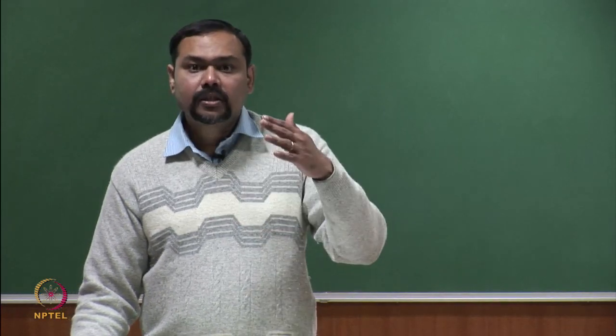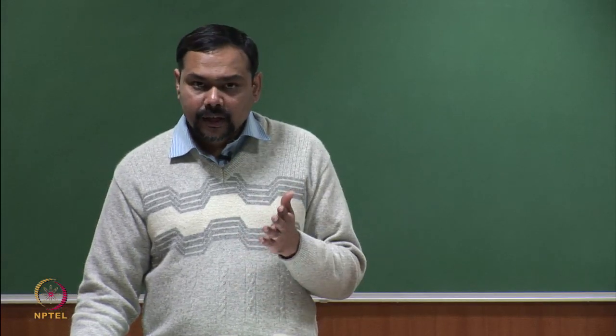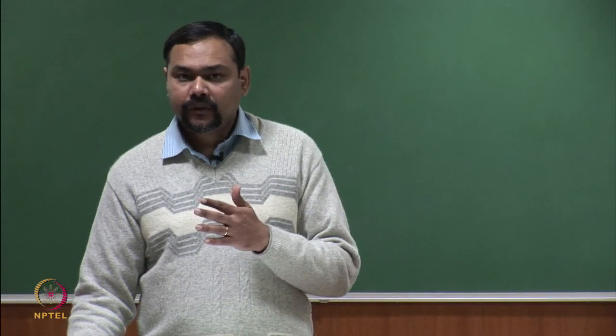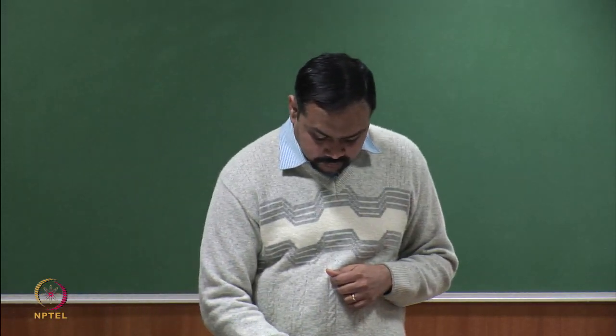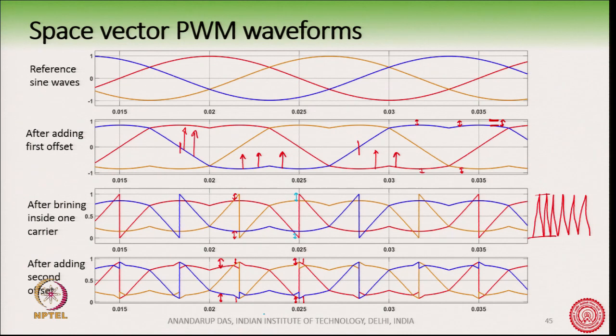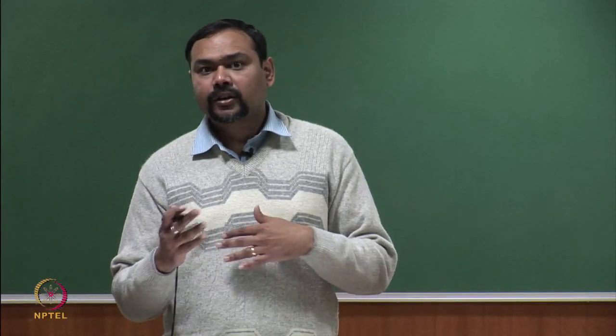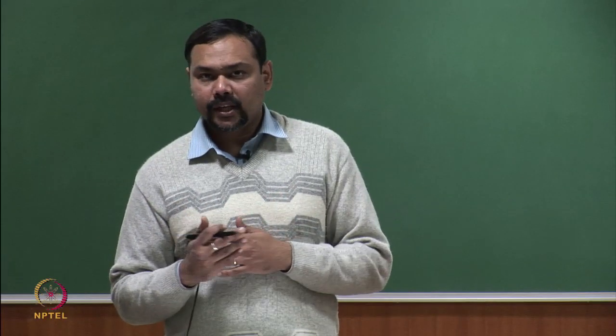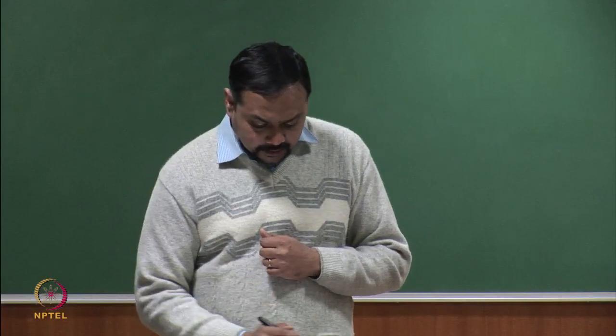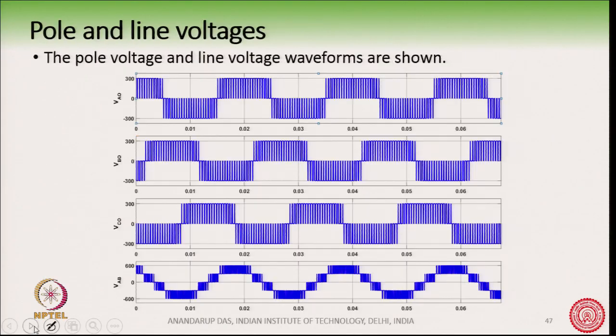So, you give it to this carrier and the 3 reference waveforms, that is this particular waveform, this fourth one. After adding the offset, you can directly give it for comparison with the high frequency carrier. Once you have done that, then you will immediately be able to get a waveform like this coming out of the converter, okay.